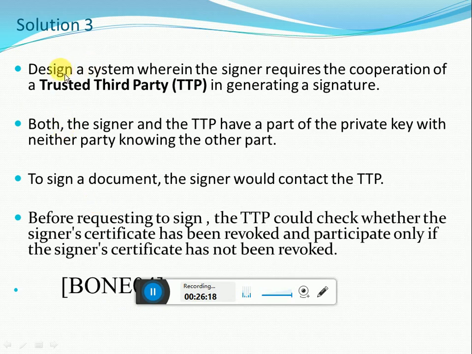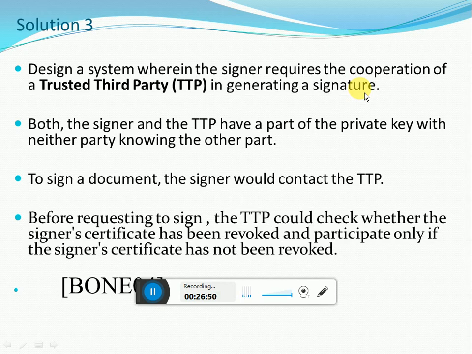Now, in this third solution, we design a system where a signer requires the cooperation of a trusted third party in generating a signature. Both the signer and the trusted party have a part of the private key, with neither party knowing the other's part.